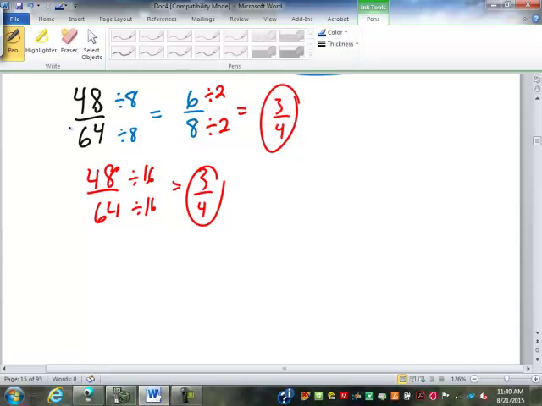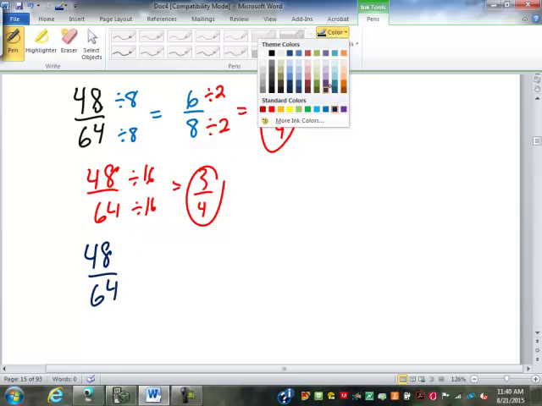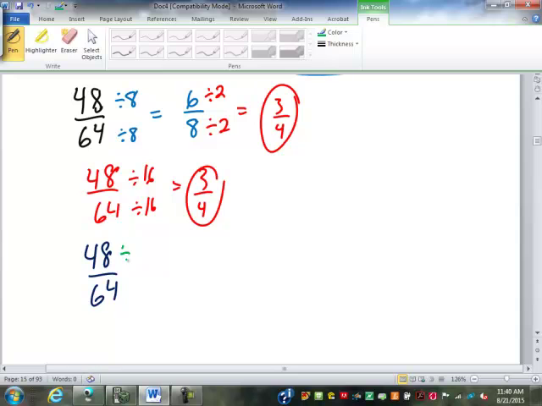In fact, a lot of times it's easiest if you just see any number that divides into both of them and start doing it. And as the numbers get smaller, it's easier to see what else can divide into it. Like here, you may look at that and at first all you see is that they're both even, which means they both can be divided by 2. You get 24/32, and from there it might be easier to see what else you can divide by. In fact, you could just keep dividing by 2 if that's all you see.